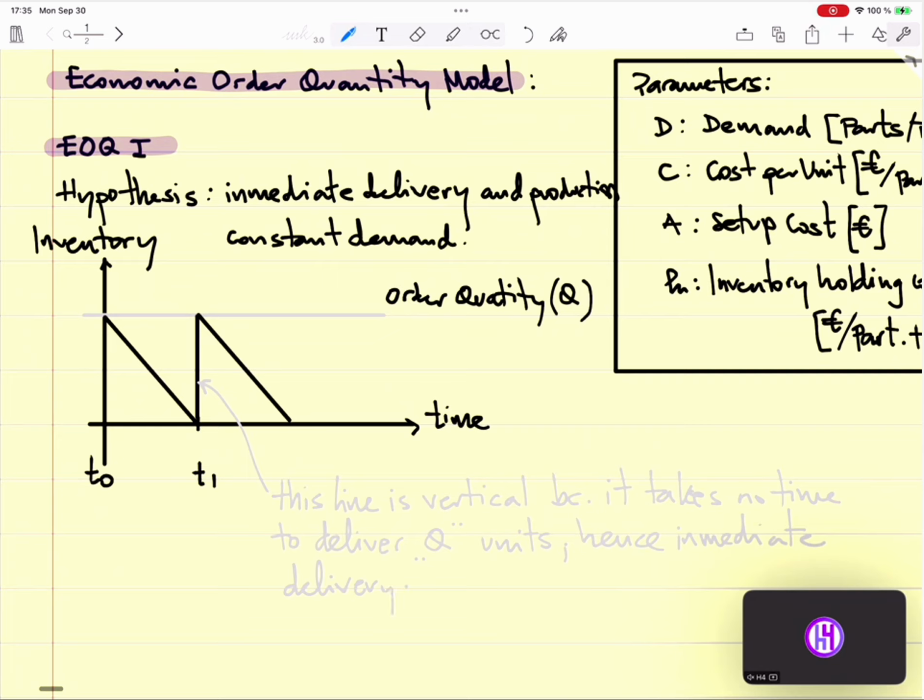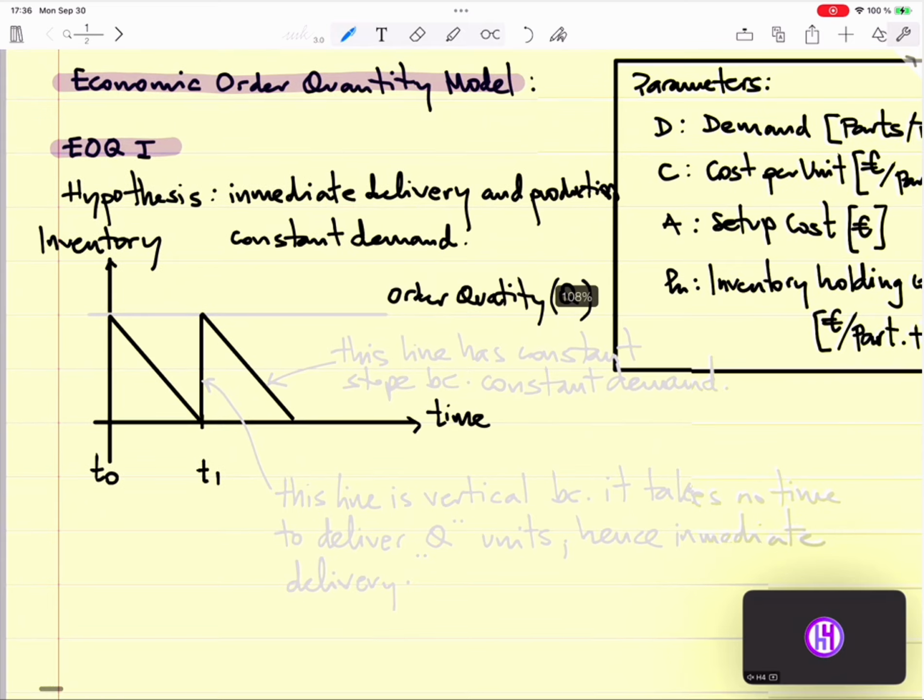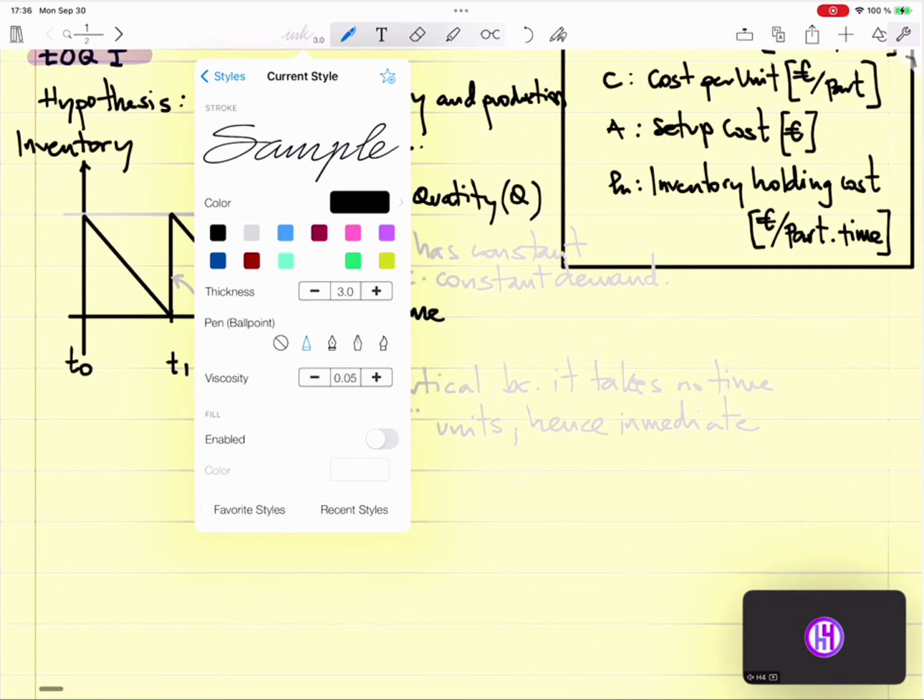And also this line has constant slope because of constant demand. Okay, so this is our model.